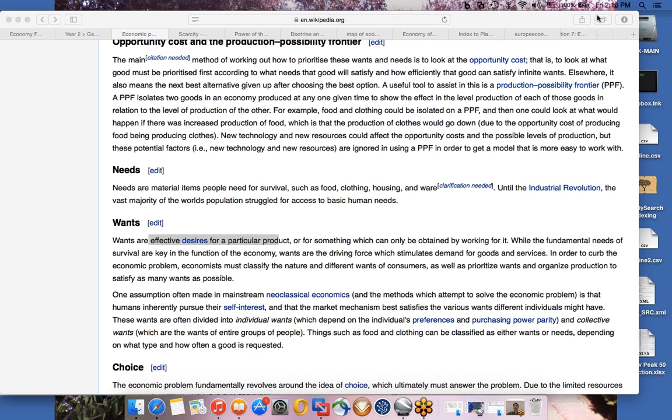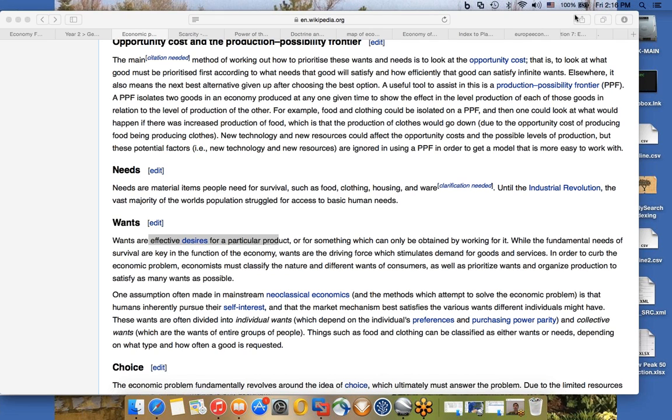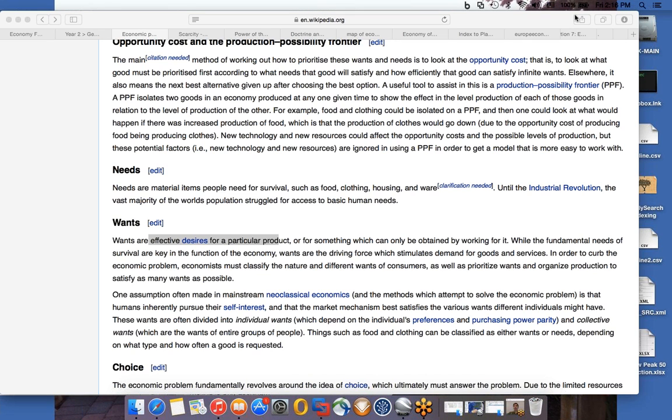But why is it that we don't pay for air? Three minutes without air and you are gone. Sometimes even less. I don't know, probably about three minutes. But why is it that we don't pay for air?